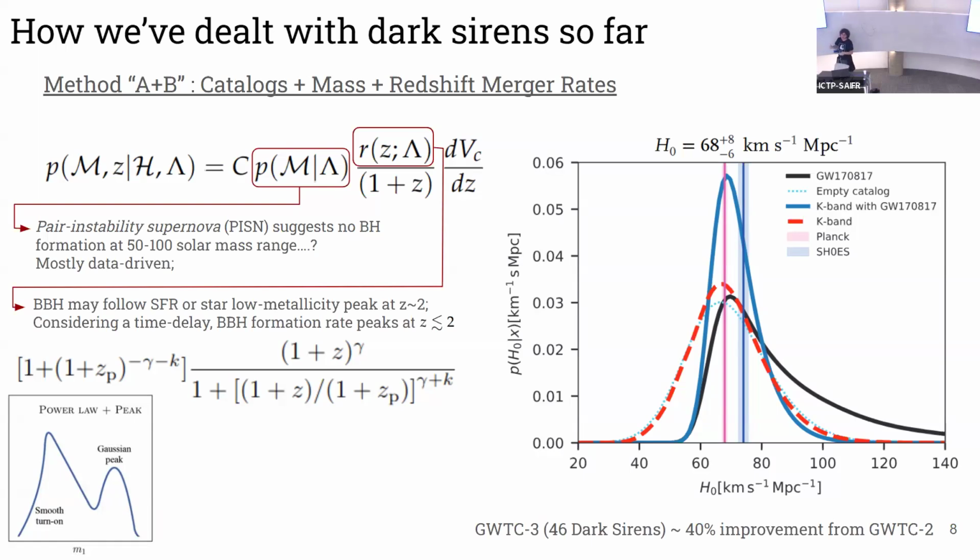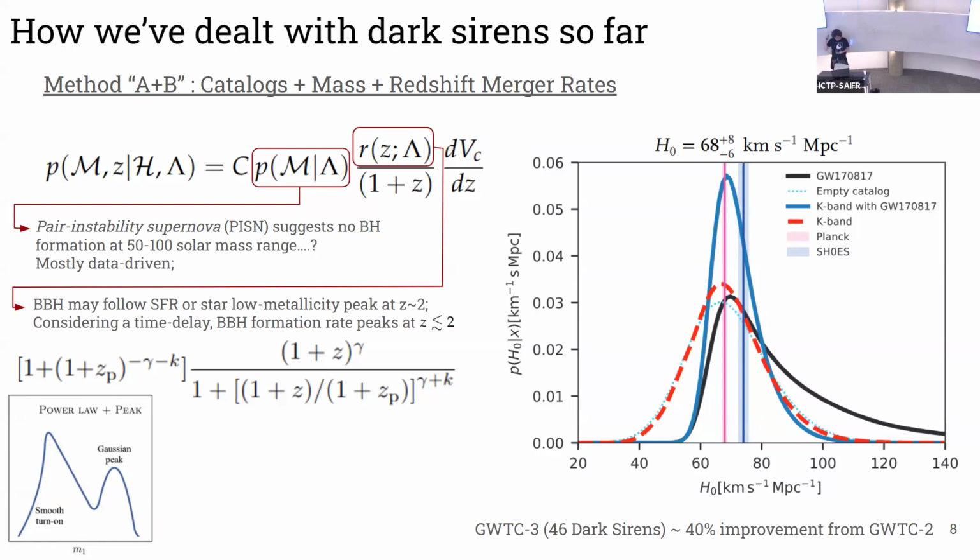And then as they always do, they combine this result with the bright siren that they have, and they get this solid blue line, which is the result they show in one of their latest papers, which is 68 plus 8 minus 6. It's a 40% improvement. And it's quite remarkable, but because they are only using 46 dark sirens, again, it won't tell us anything about the Hubble tension.